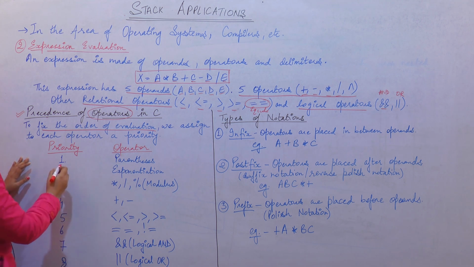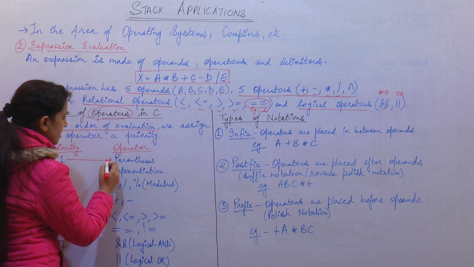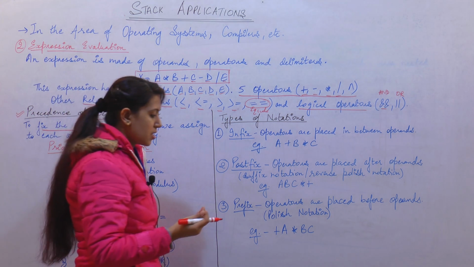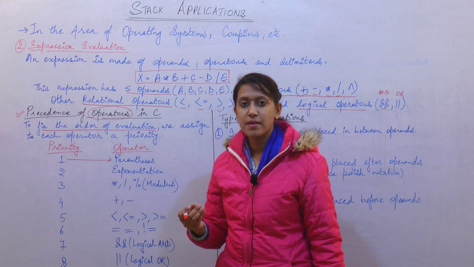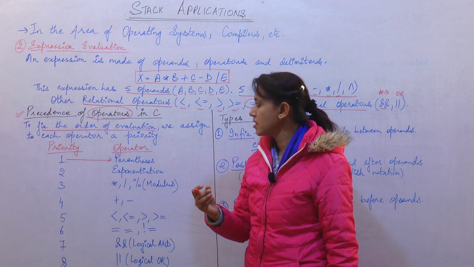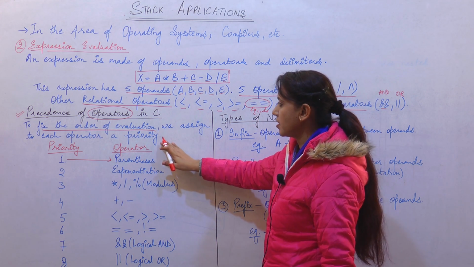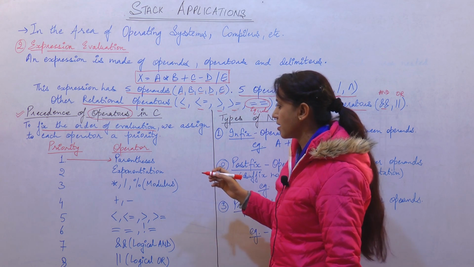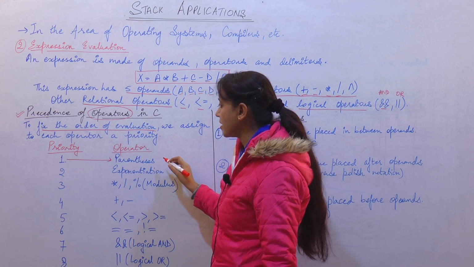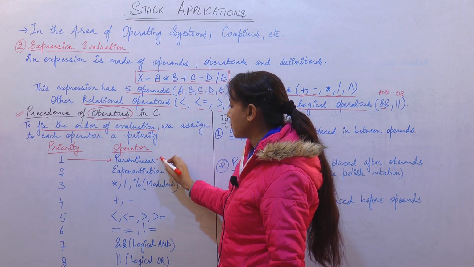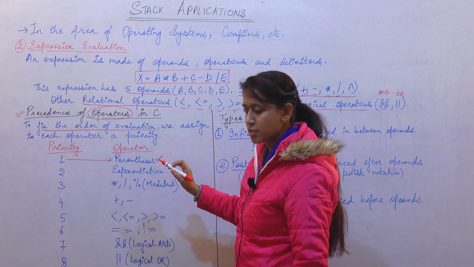At first priority, we have parentheses. Whatever expression we are given, we will evaluate it according to the priority of the operators. So if we have parentheses in our expression, then we will first evaluate the parentheses in that expression.